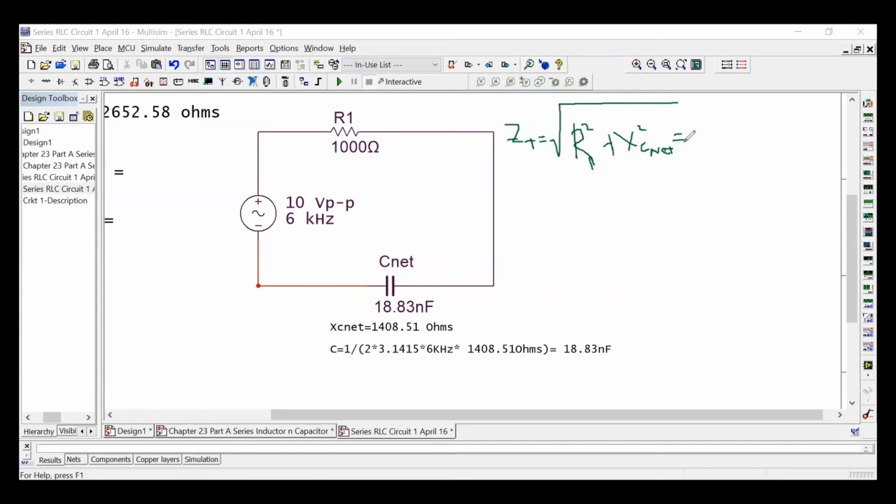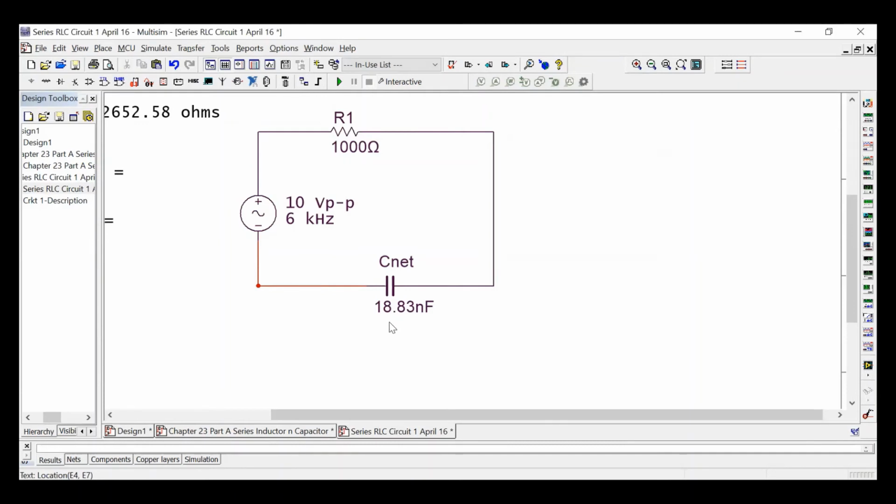For Z total, I got 1727.39. I might as well say 1727.40. Okay, I'm going to type this out instead because I'm going to give it to you guys. I'm going to clear this.